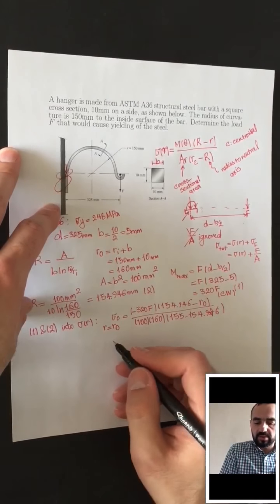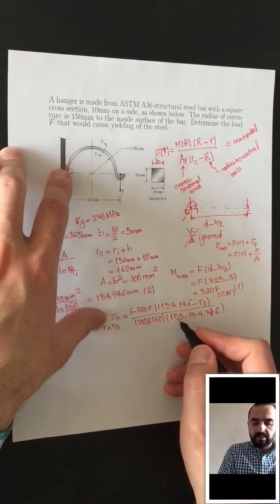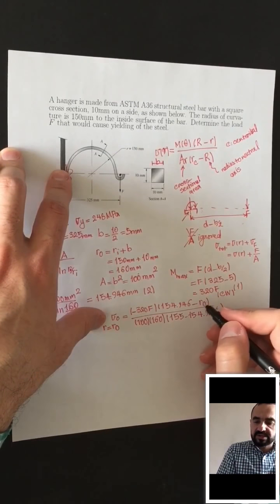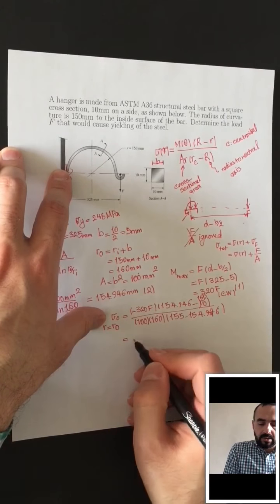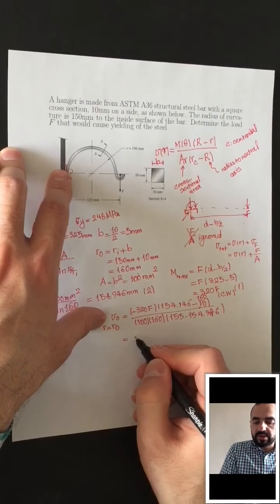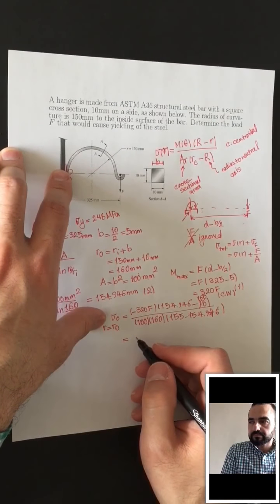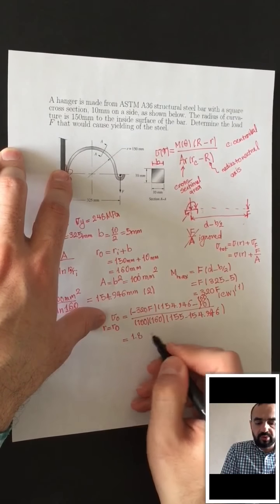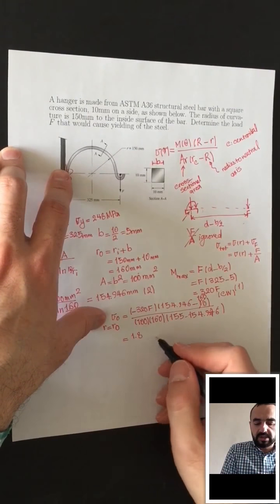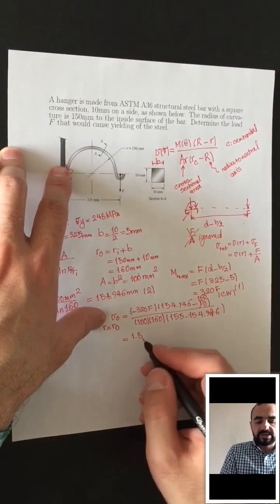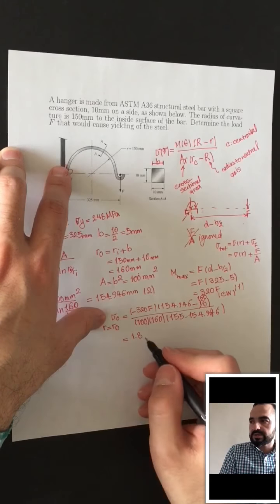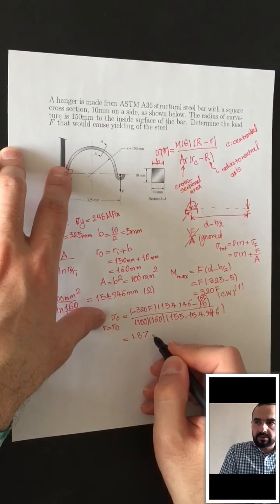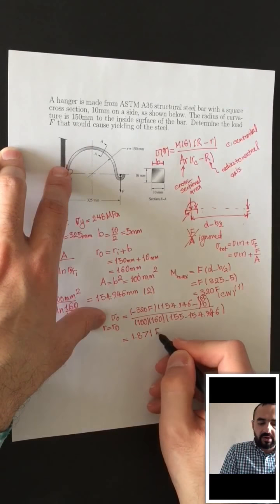And this RO was also equal to 160. And sigma O is going to be equal to, once you do these multiplications, 1.871 F.